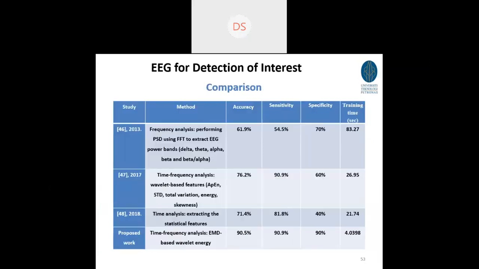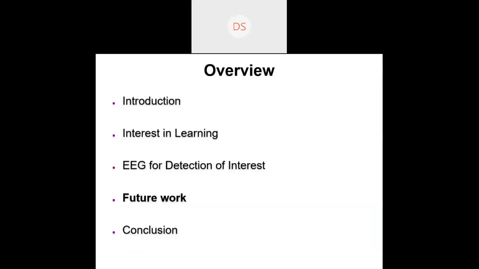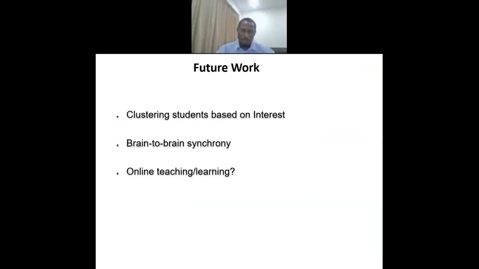Okay, we're somewhere here. So the future work I was mentioning, what we have considered after the previous work, is about clustering the students. We don't want to go for classification, but we want to find a way to cluster the students based on the features.